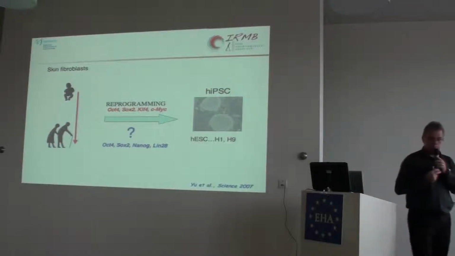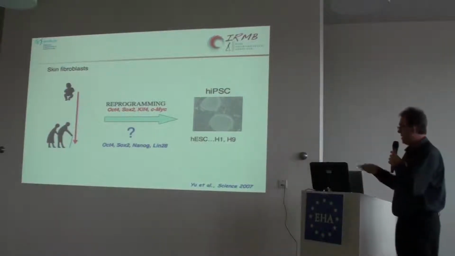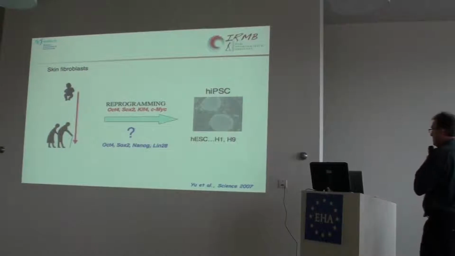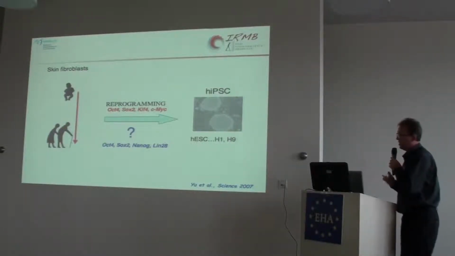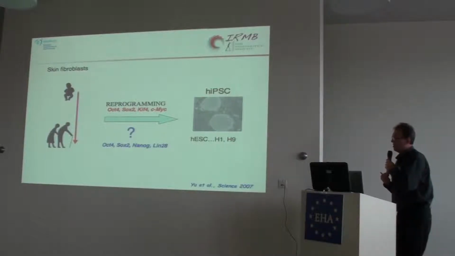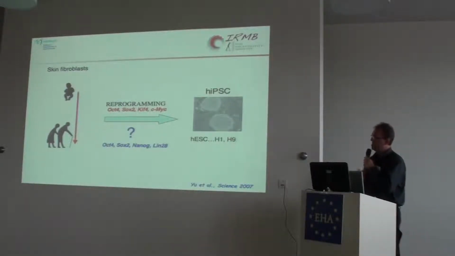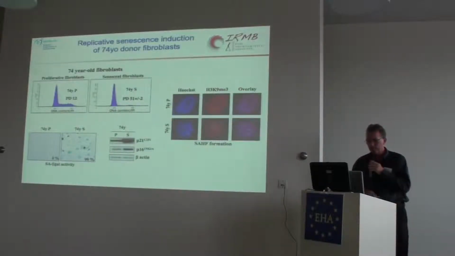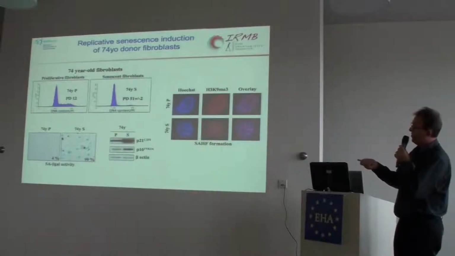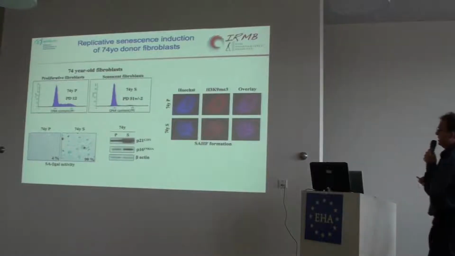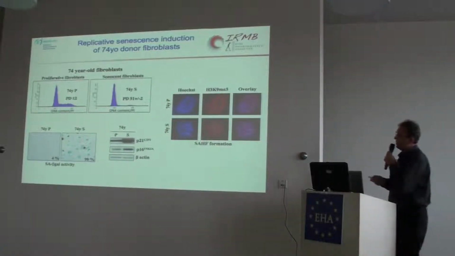The same year as the discovery of Yamanaka, another group identified another gene cocktail shown to have the same efficiency of reprogramming. So we checked this, and we started from replicative senescent cells from fibroblasts of a person of 74 years old.